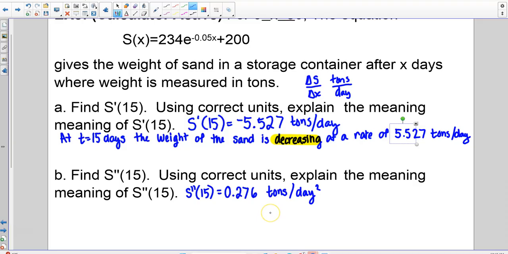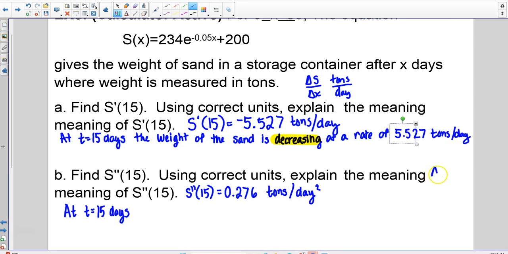So now we're talking about at the 15th day, we still want to say at t equals 15 days. We're still talking about the weight of the sand, right? Well, sort of. But this is the second derivative, right?